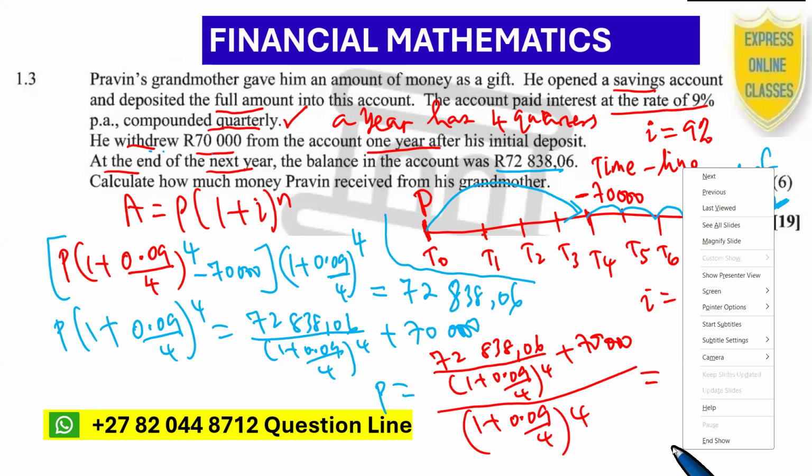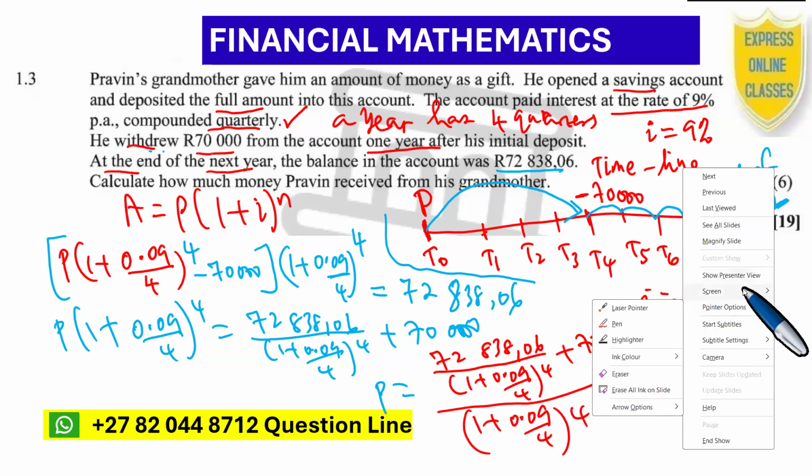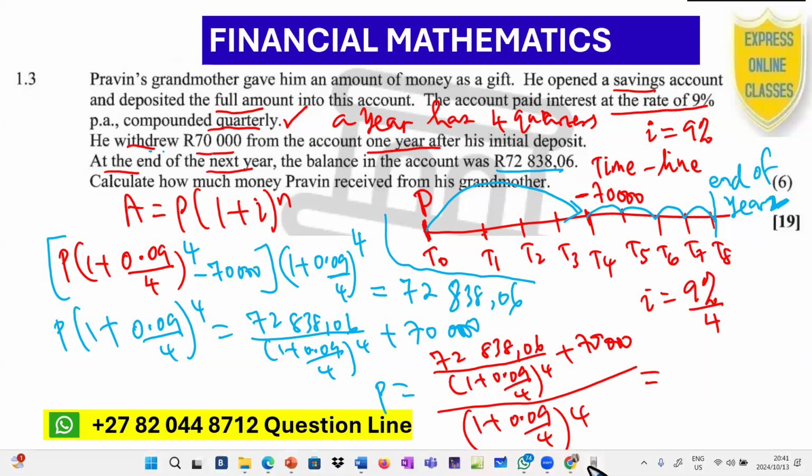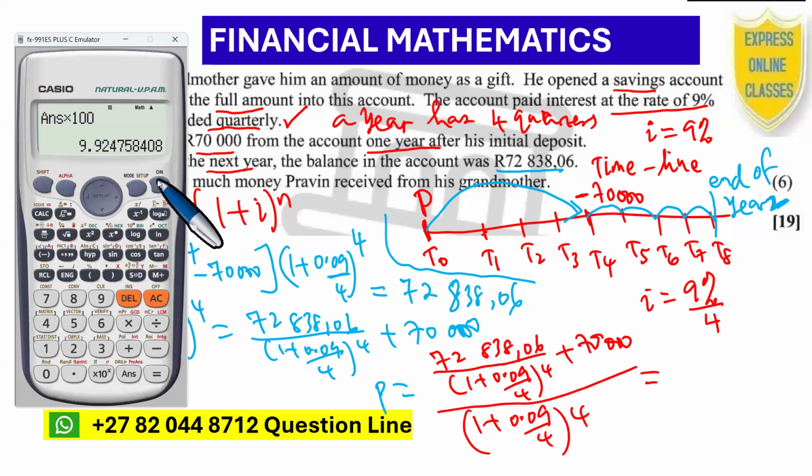Let us use a calculator. Division, 72,838.06.